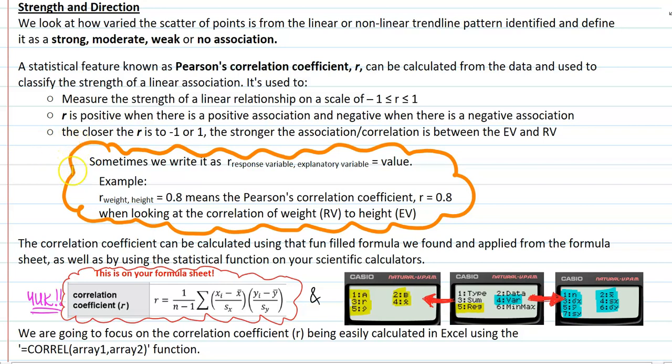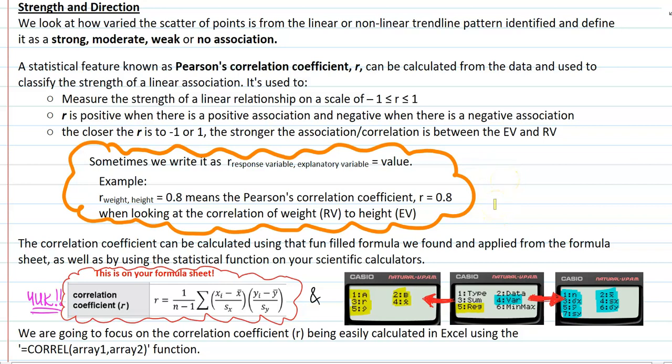Sometimes we'll see it written in this format. So for example, if I was looking at a correlation between a response variable of weight and explanatory variable of height, I'd write it like that. And I might be told that it's 0.8, and thinking about the value of that, that's quite strong because it's close to the value of 1.